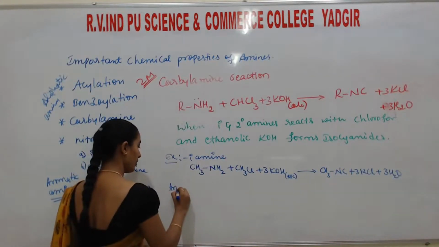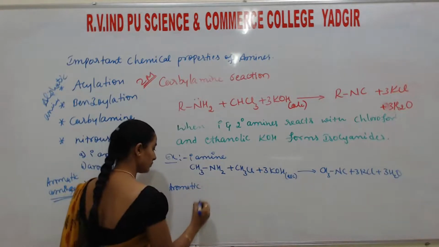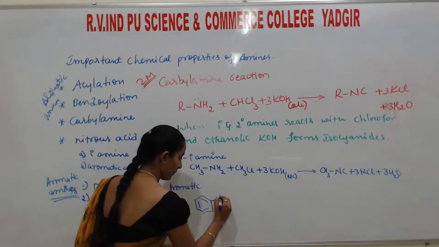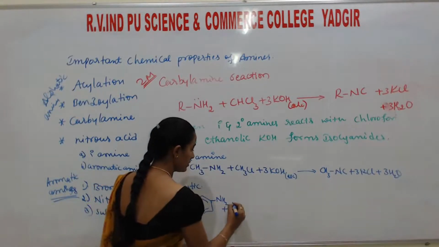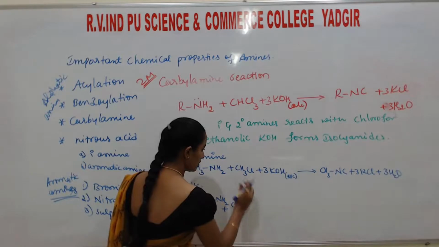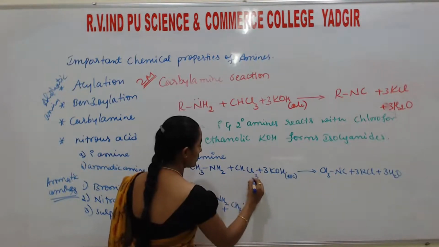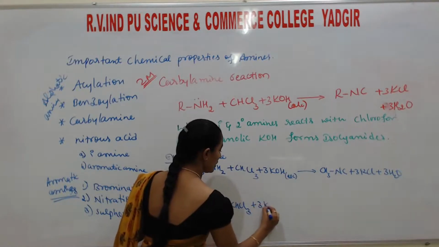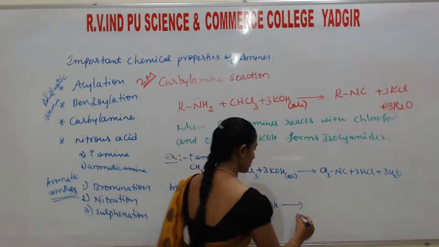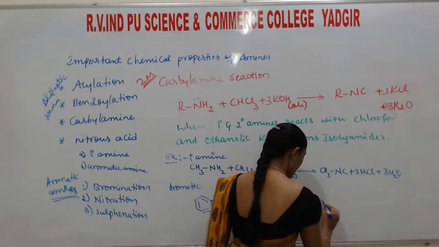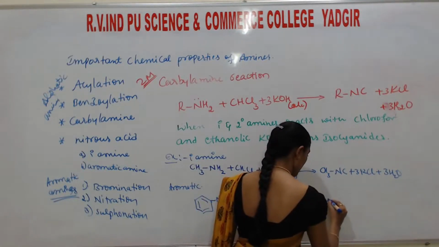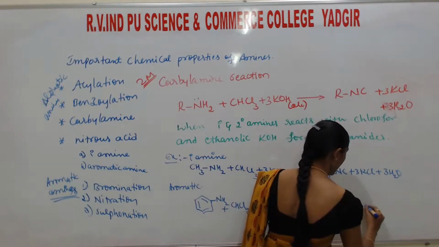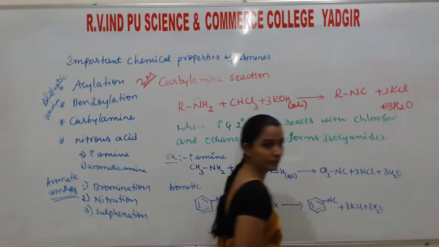Okay. Next, for aromatic, you take this one: benzene ring with NH2, plus CHCl3 plus 3KOH, gives the benzene ring with the isocyanide group plus 3KCl plus 3H2O.